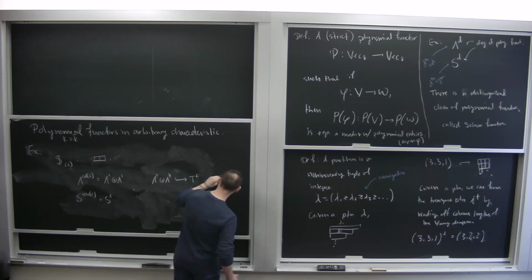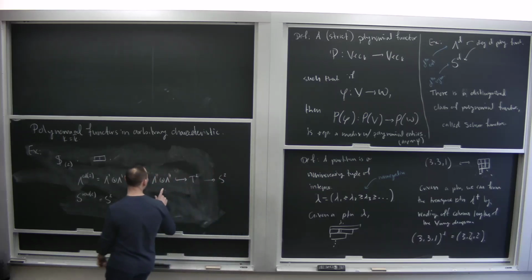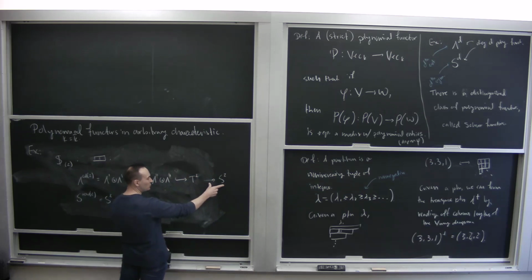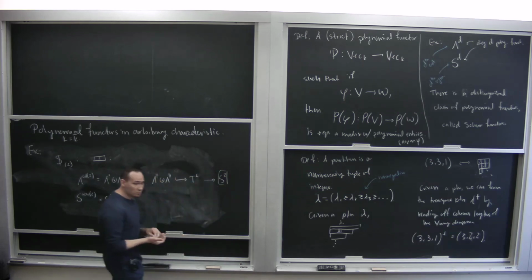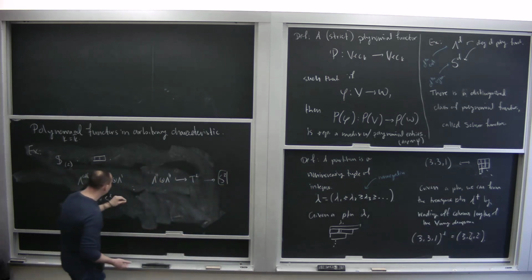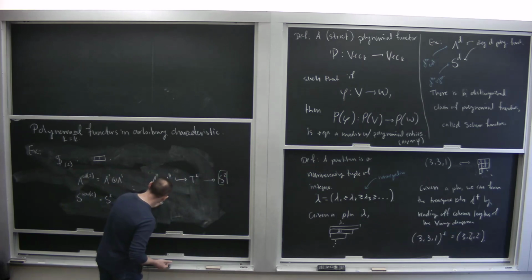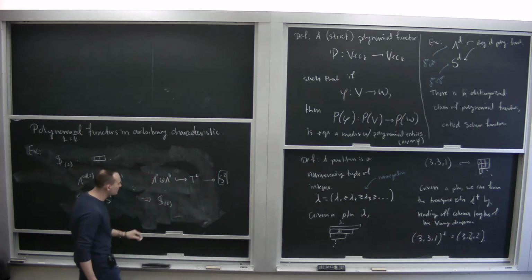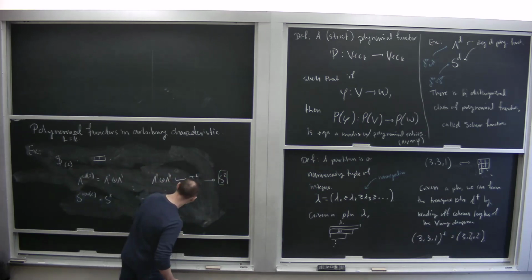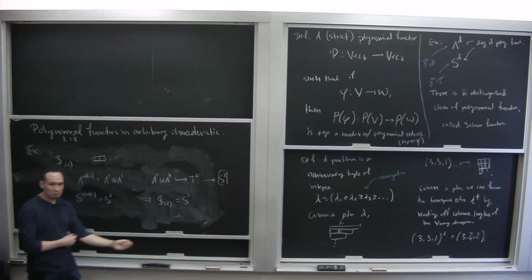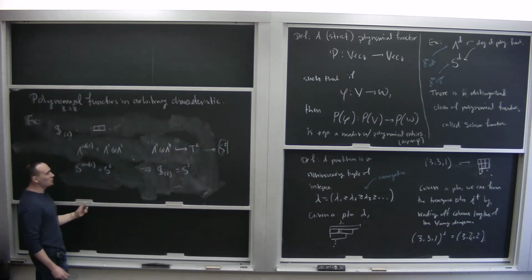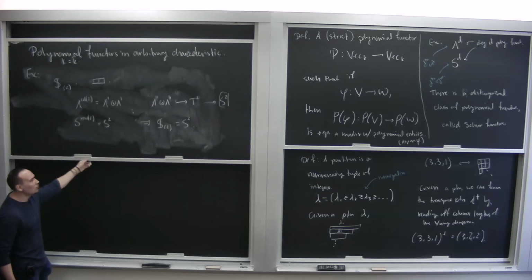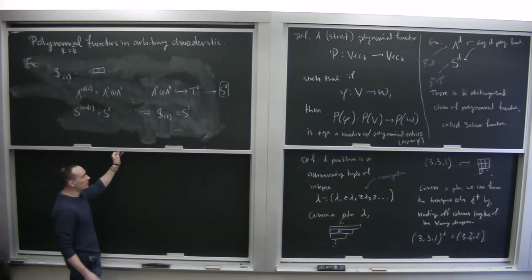So this surjects onto S2, and the image has to be just the image of this surjection, which is just Sym 2. So the Schur functor corresponding to the partition 2 is exactly the second symmetric power. This example feels a little boring, but it's good to work it out by definition. If you knew the answer beforehand, you might be confused as to how this recovers it, but this is how.